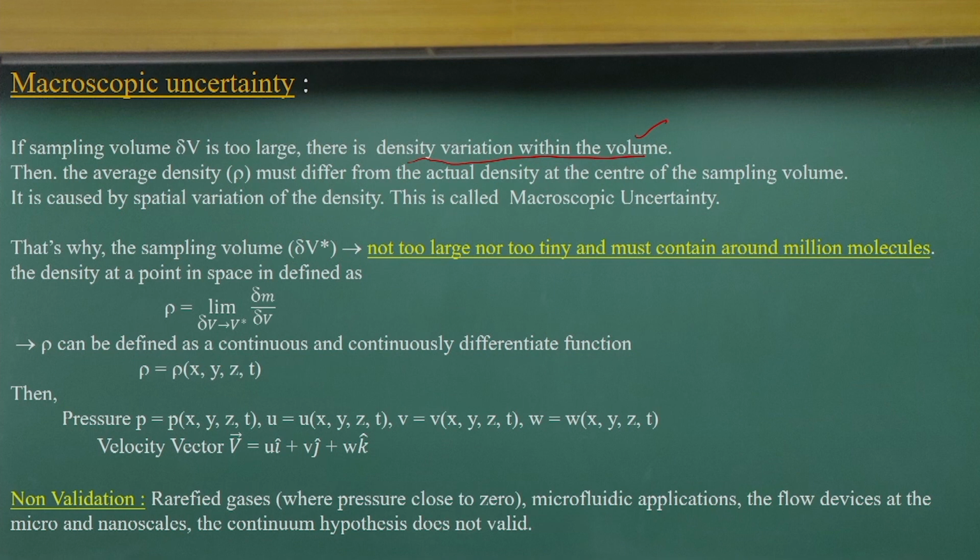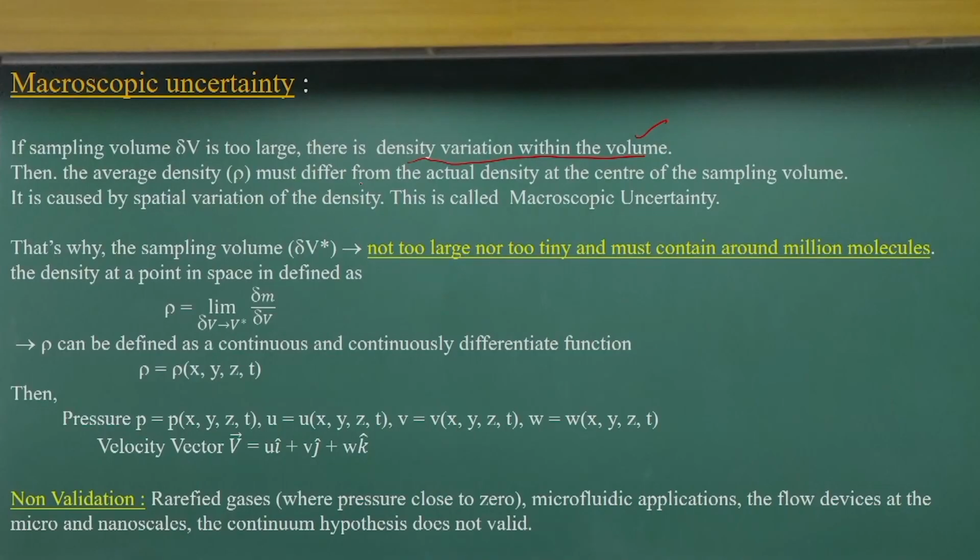Because of that, the average density over this sampling volume will be different from the actual density at the center of the sampling volume. That is the reason we will have spatial variability, the location variability is too high. This sampling volume will not represent the density value required for the analysis.